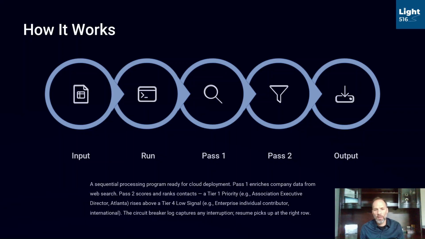And then, of course, after that information is gathered, in the second pass it's able to evaluate with inference-style logic and determine what the tier is and what the score should be. And then, of course, it outputs it in a format that you can read directly or import to another system.